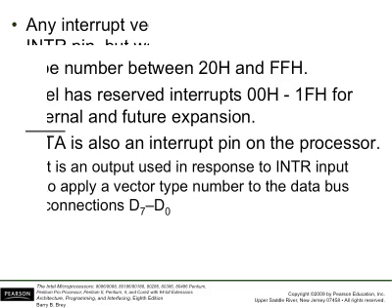We actually use the data bus. So when an interrupt occurs, when the external device asserts this INTR signal, it's also responsible for sending in that actual vector number through the data bus.